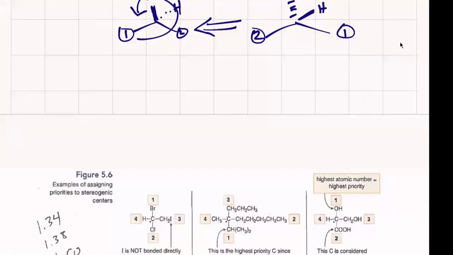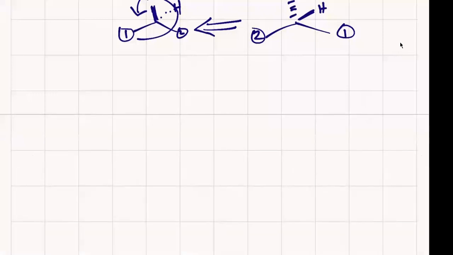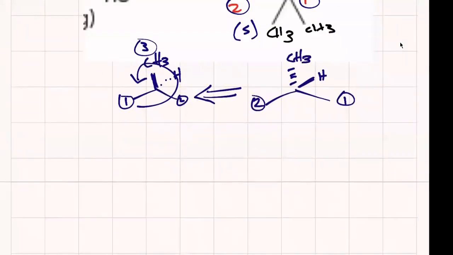Here we're still talking wedged and dashed, and not necessarily horizontal and vertical. Does that make sense? Yes, sir. Because really both of those are vertically oriented, right? The CH3 and the H are both vertical. They're both pointed up, but one is pointed into the page and one out of the page. Are you following that?